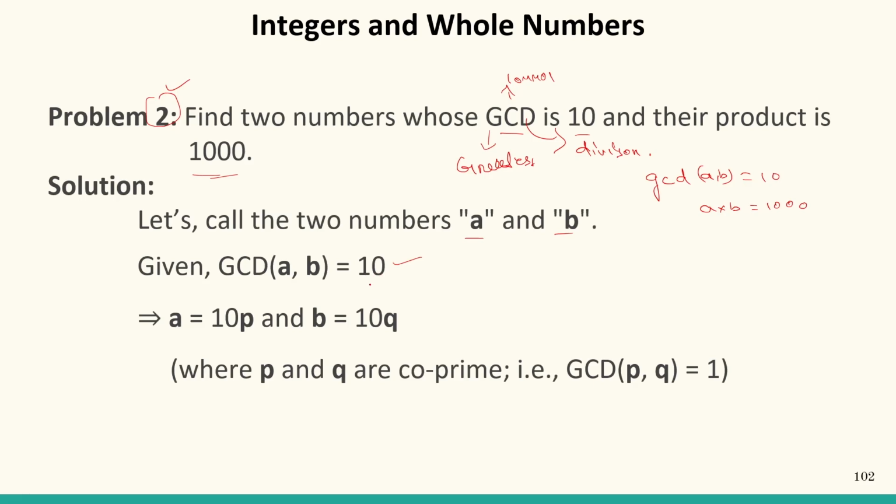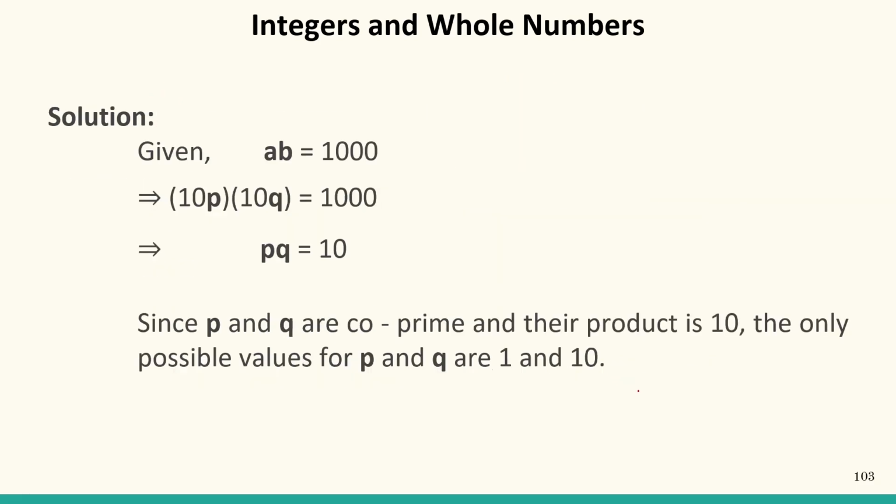Since it is a common divisor, it divides both A and B, and P and Q are the quotients when divided by 10. P and Q are co-prime, so GCD of P and Q is 1. The product is 1000, so 10P into 10Q is equal to 1000.